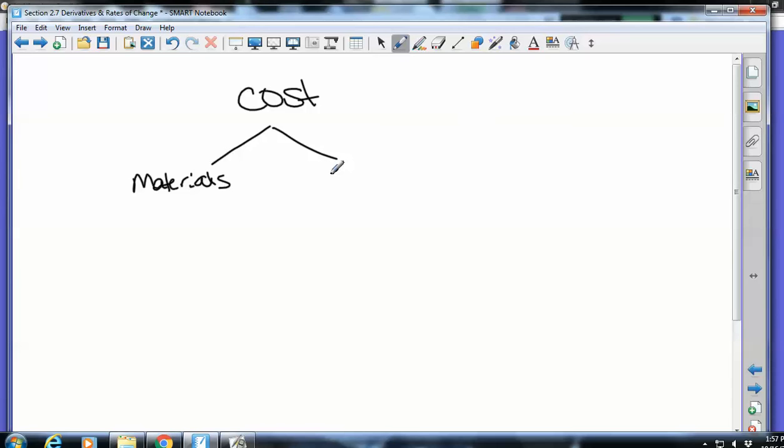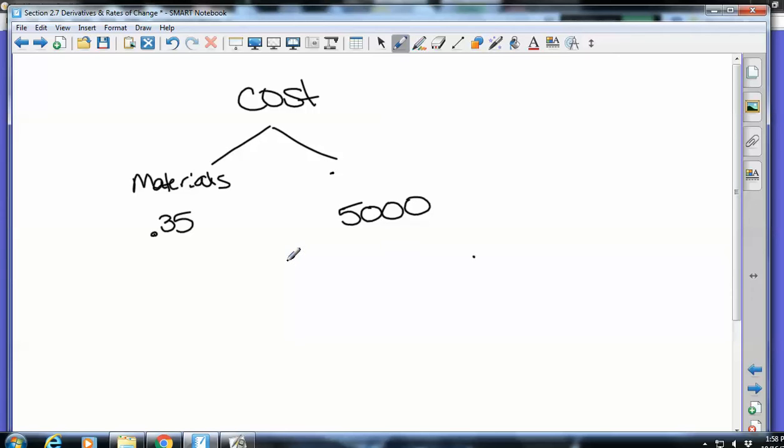So, if I'm figuring out my total cost, let's say each cinnamon roll costs 35 cents to make, and I went out and spent $5,000 on the equipment I needed for my business. If I make 10 cinnamon rolls, then the cost that I have put in for those 10 cinnamon rolls is $5,000 plus $3.50.